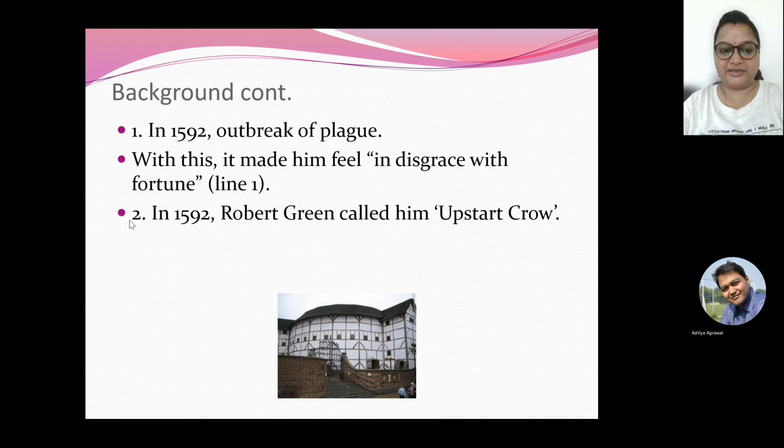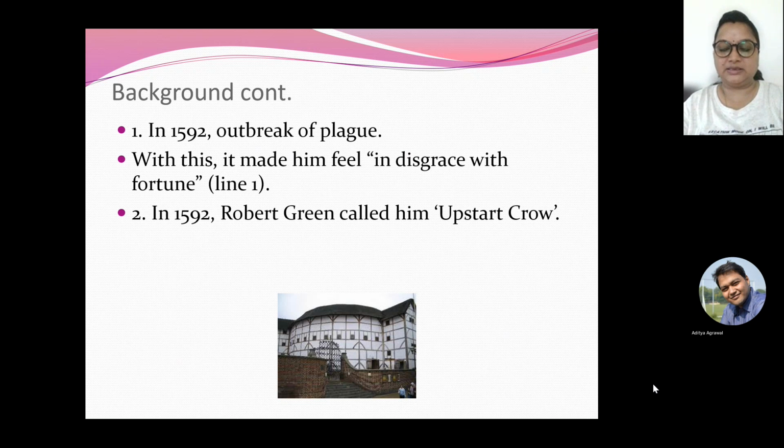And the second probable reason behind writing this sonnet is again in 1592. The second event also occurred in 1592 when a dramatist called Robert Greene verbally attacked Shakespeare, and he described Shakespeare as an upstart crow. Where upstart means someone who claims to be a socio-political leader, but does not have the required skills.